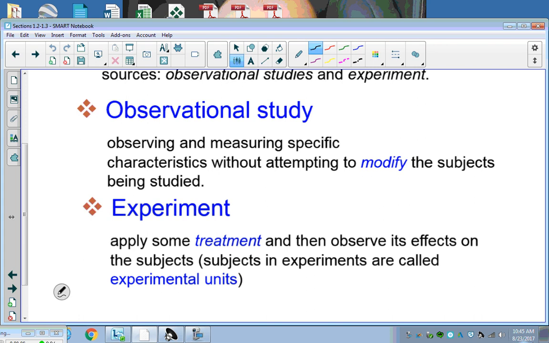If I wanted to go on and get your GPA, did I do anything to influence your GPA? No, I'm just going and getting the actual data that's there. However, if it's an experimental study, I've done something to change something, or we hope we've changed something. An example would be, we do this all the time in medicine. We'll have two groups.